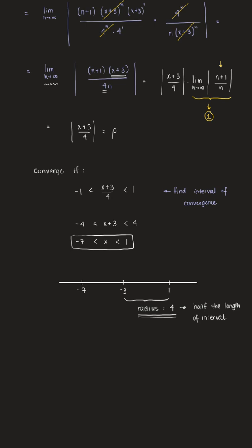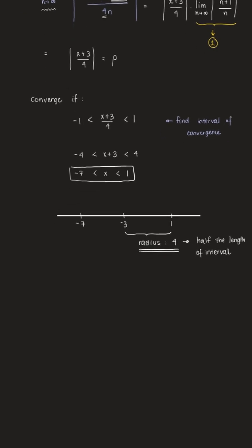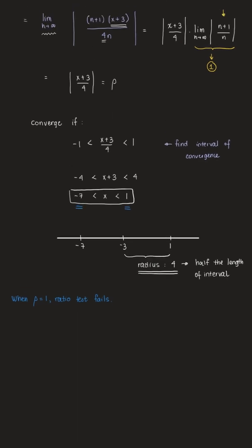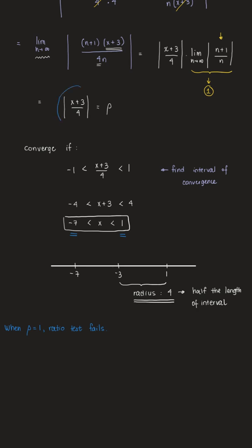We might recall that when the result of the ratio test gives us 1, the test is inconclusive, or the ratio test fails. We have that issue at the endpoints of the interval of convergence. If we go back to this expression, x plus 3 over 4, and imagine plugging in one of the endpoints, 1, 1 plus 3 is 4, and 4 divided by 4 is 1.